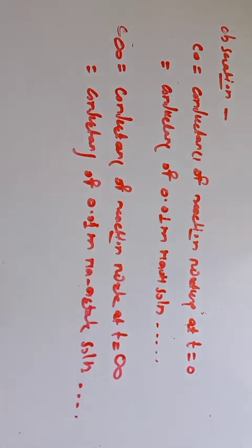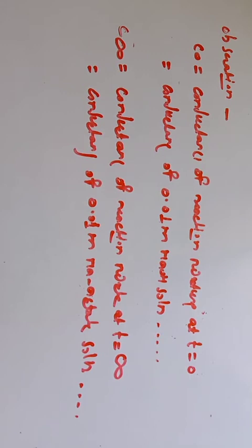So the conductance of the reaction mixture at t equal to 0 is nothing but the conductance of 0.01 molar NaOH solution. And second, the conductance of the reaction mixture at t equal to infinity is nothing but the conductance of 0.01 molar sodium acetate solution.